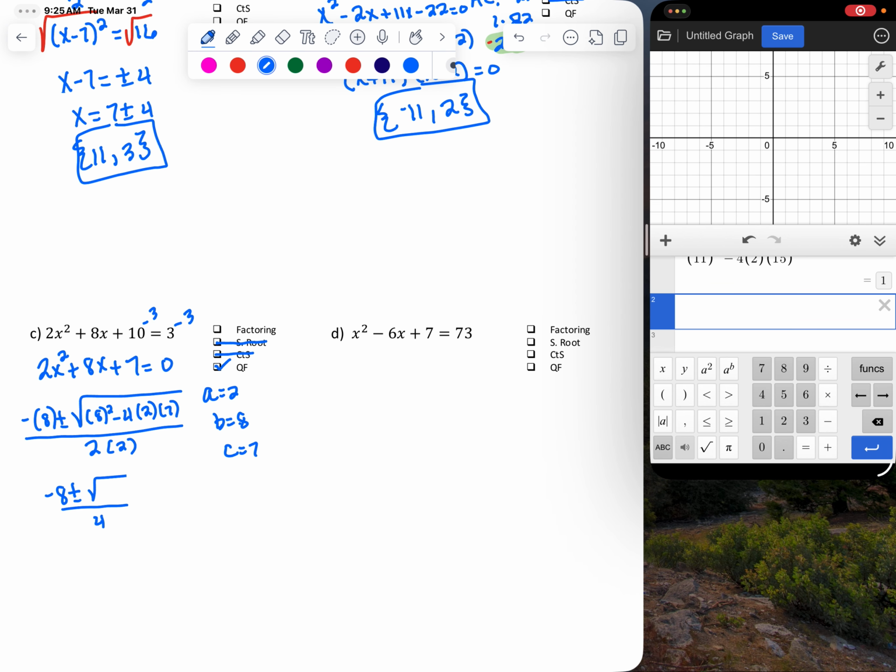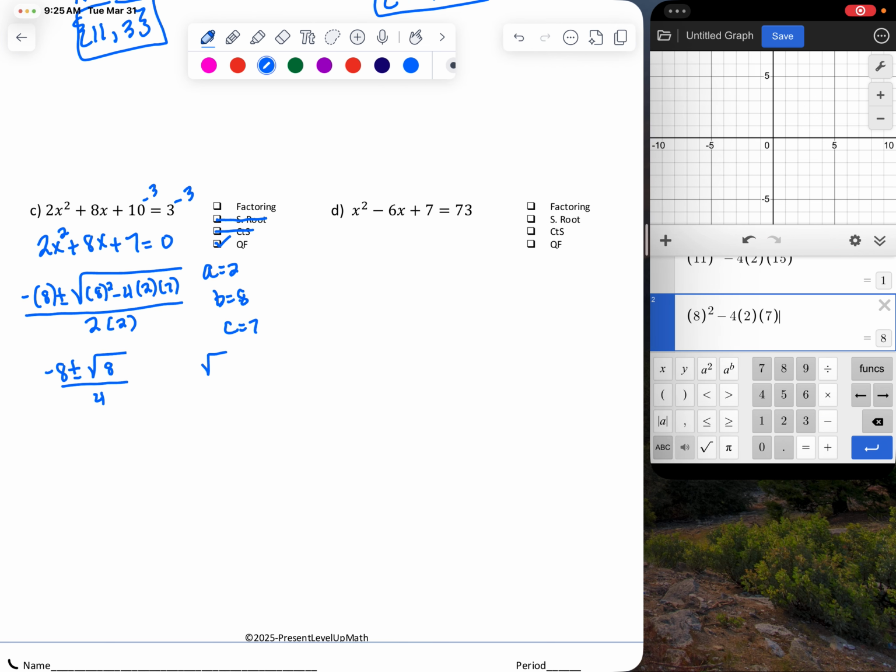Now let's see what goes in that radical. Parenthesis 8, parenthesis squared, minus 4, parenthesis 2, parenthesis 7.